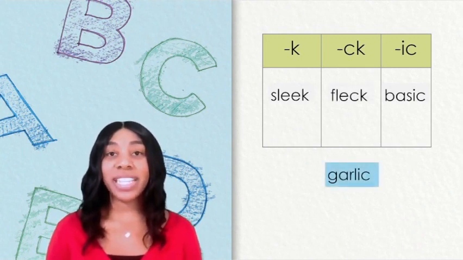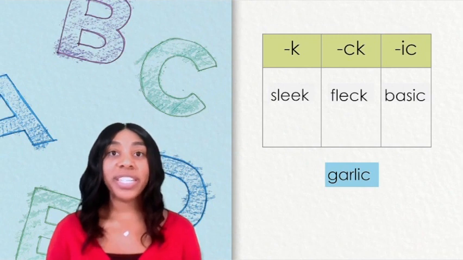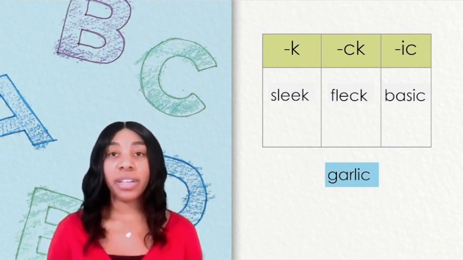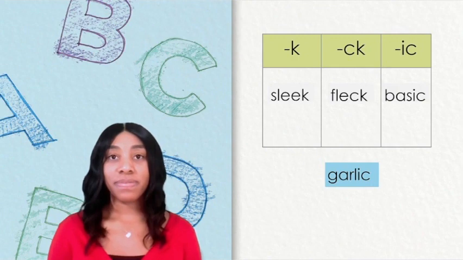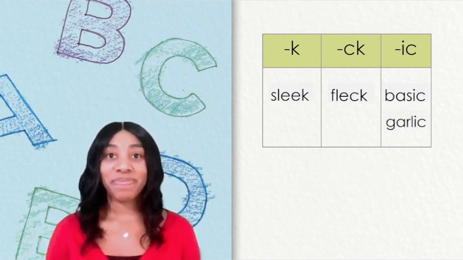How do you pronounce this word? Garlic. Which column do you think garlic belongs in? We have the k sound at the end of this word, and it is spelled with IC.